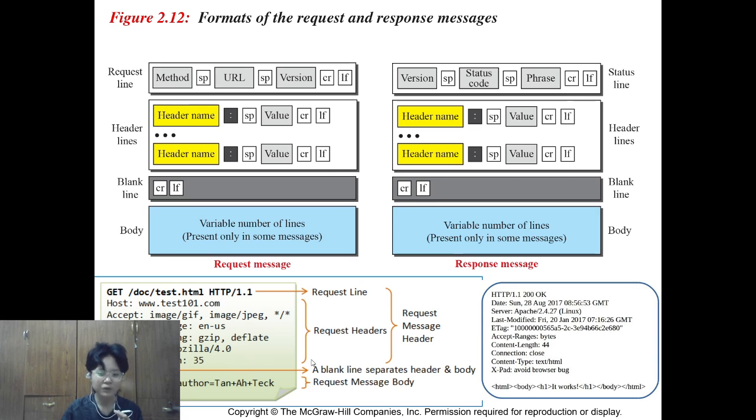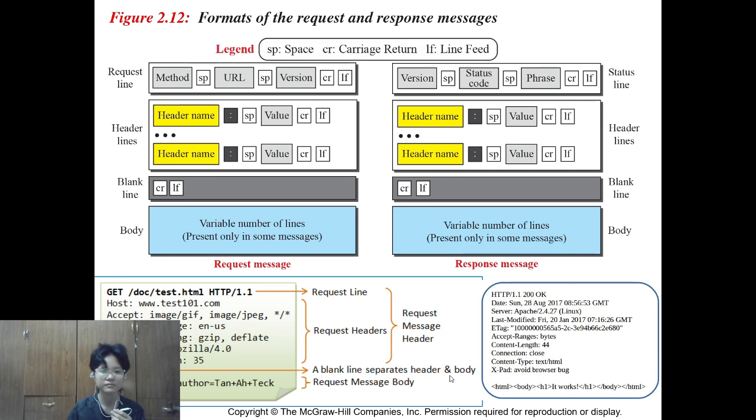It's all about the request header. All of this is the request message header, and another is the request message body. And this one is written about full name and middle name.